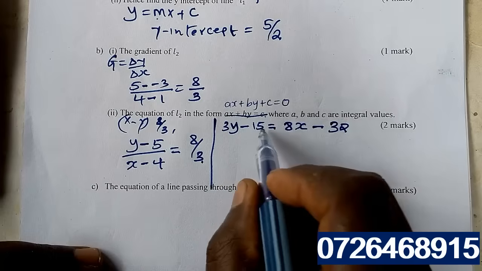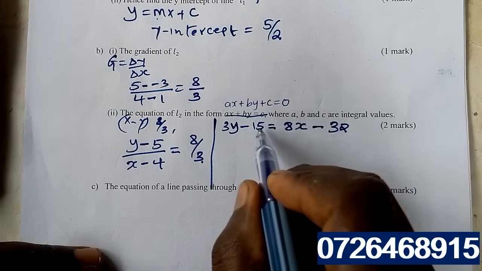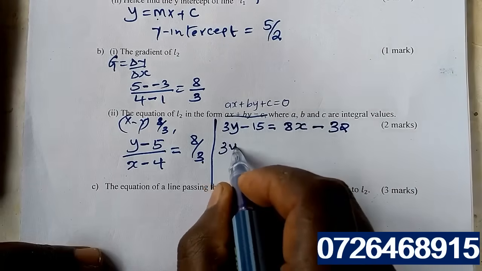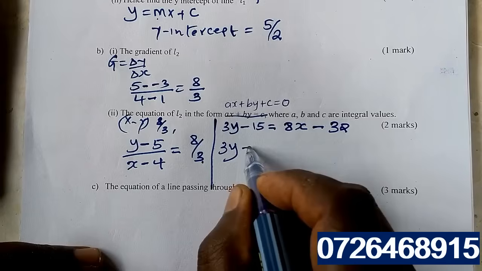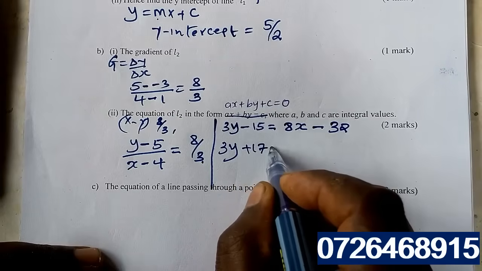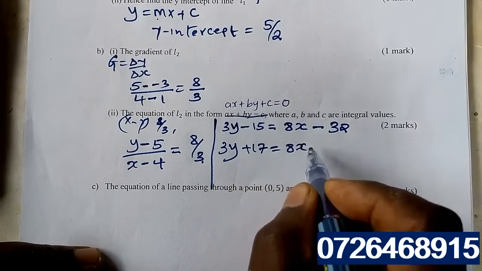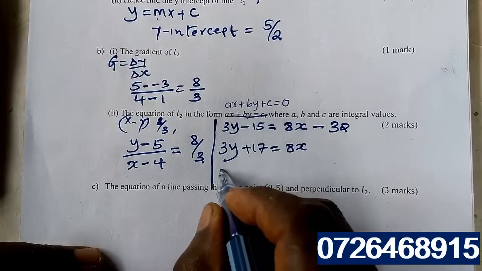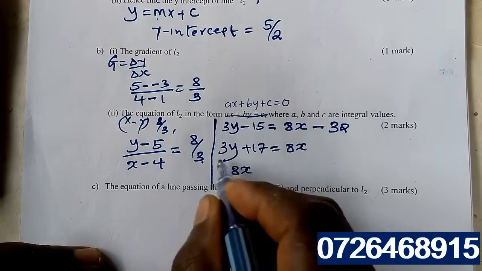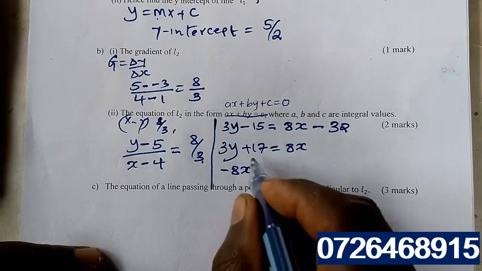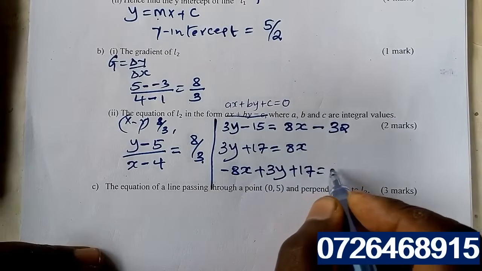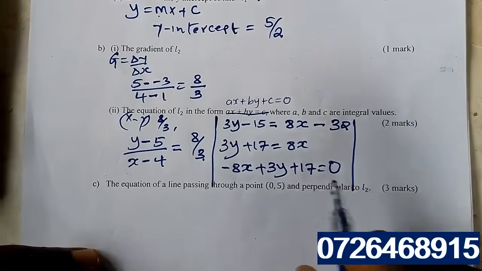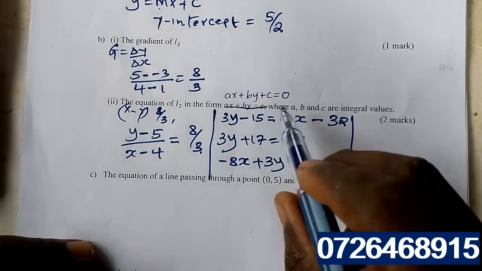So this one coming to this side becomes plus 32, so we will have 3y plus 17 equal to 8x. Now I want to bring this 8x to this side, so we will have negative 8x plus 3y plus 17 equal to 0. So we have written this equation in the form we were told.